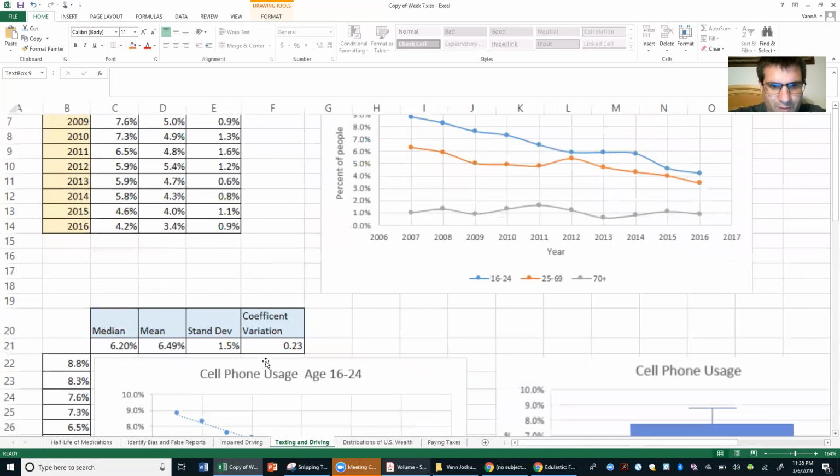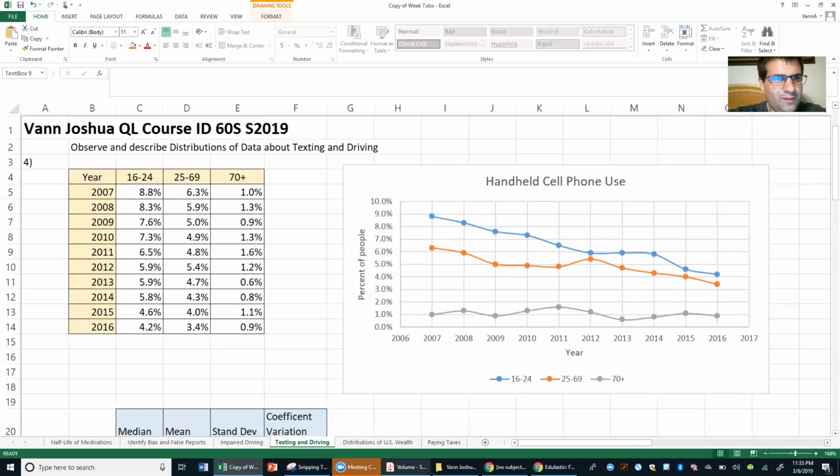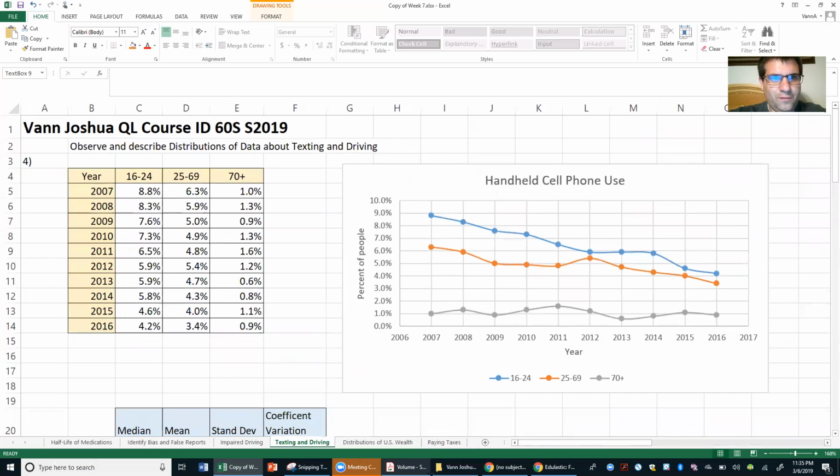All right, next we went into texting and driving for number 4. And we basically observed the data.